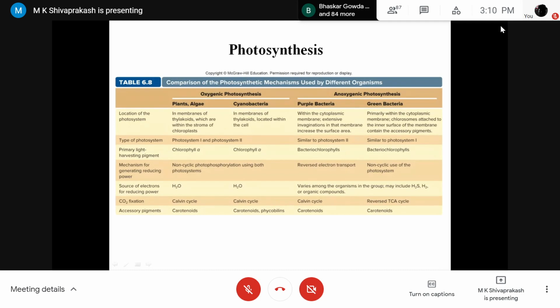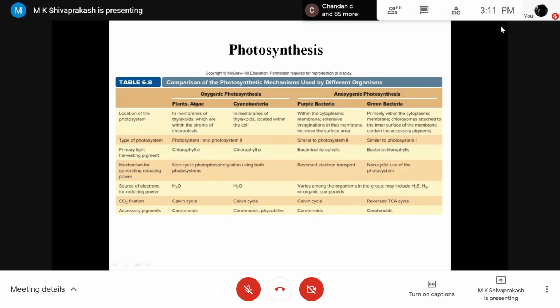Then the source of electrons: in oxygenic photosynthetic bacteria it is the water molecule, because photolysis of water results in the evolution of oxygen, whereas in the anoxygenic photosynthetic bacteria it is various reduced sulfur compounds like H2S, sometimes H2, or some organic compounds.